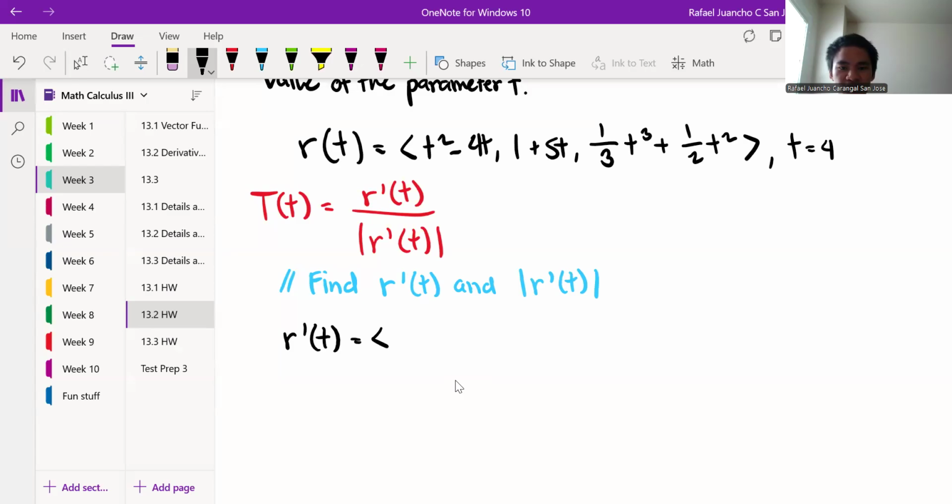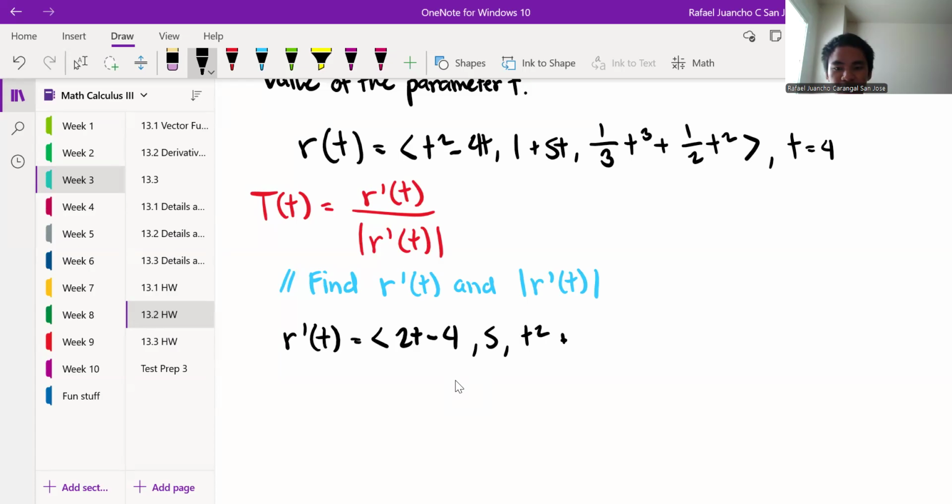So the derivative of t squared minus 4t, we get 2t minus 4. The derivative of 1 plus 5t, that's 5. The derivative of 1 over 3 t cubed plus 1 over 2 t squared: I put down the 3, I get a 1, so I get t squared.